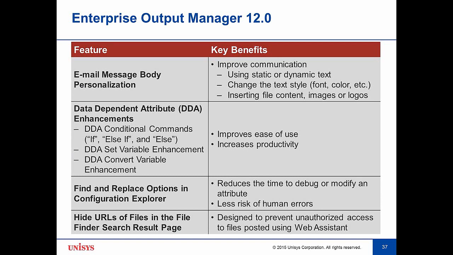There are also several enhancements to the data-dependent attribute feature of EOM that both improve ease of use and help increase productivity. The configuration option Explorer has some new find and replace options, and there's a security enhancement. If you're using Web Assistant to post files onto websites, it'll now hide the URLs of files in the File Finder search result page to prevent unauthorized access to files.